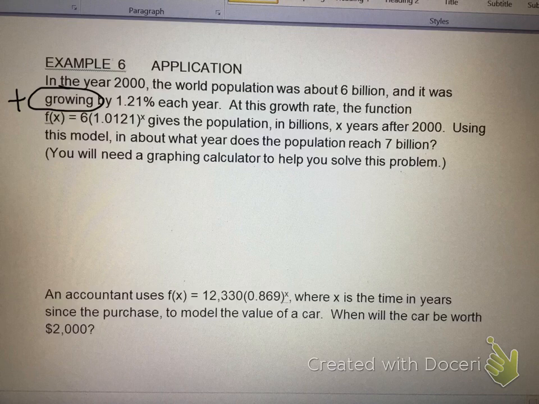So if you remember all the way back to example 1, they gave us numbers for A and B and then said, okay, plug in for x and figure out what you need to find out. Calculate it. Well, this time they're going to give us the y and we have to find the x.